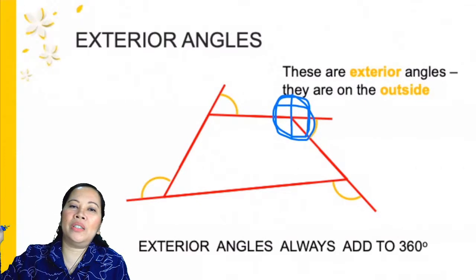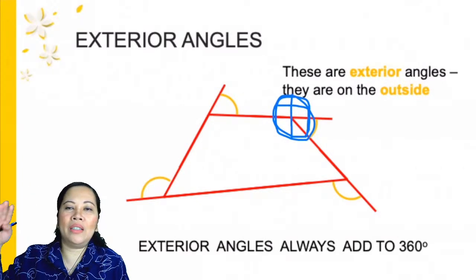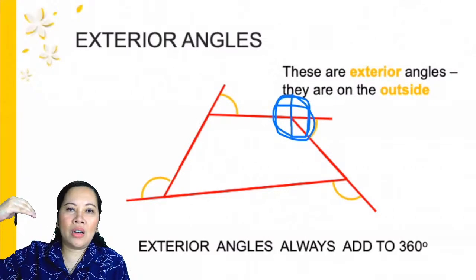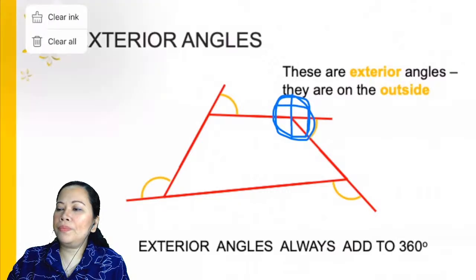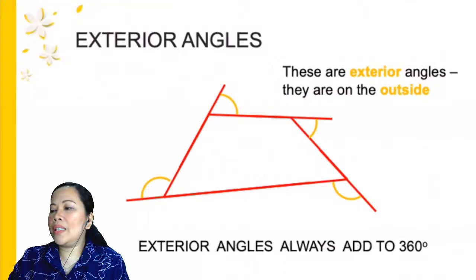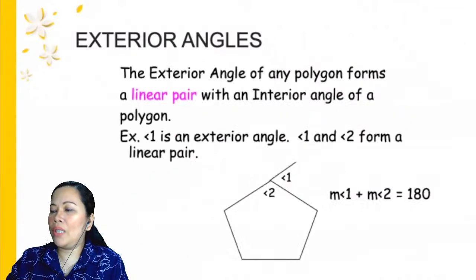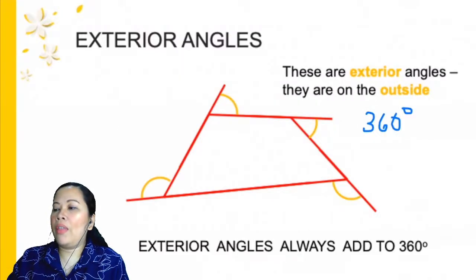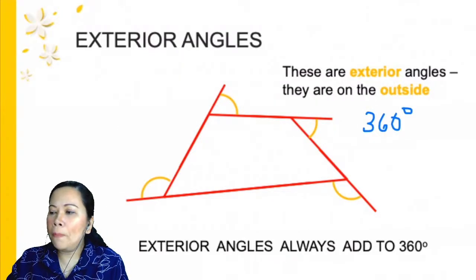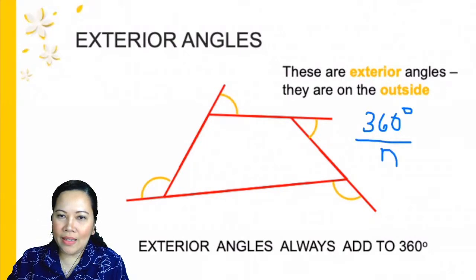It's because of the rule behind a full circle. So it's always 360. So 360 is the sum of exterior angles. If it's a regular polygon, then each exterior angle will be 360 divided by the number of sides.